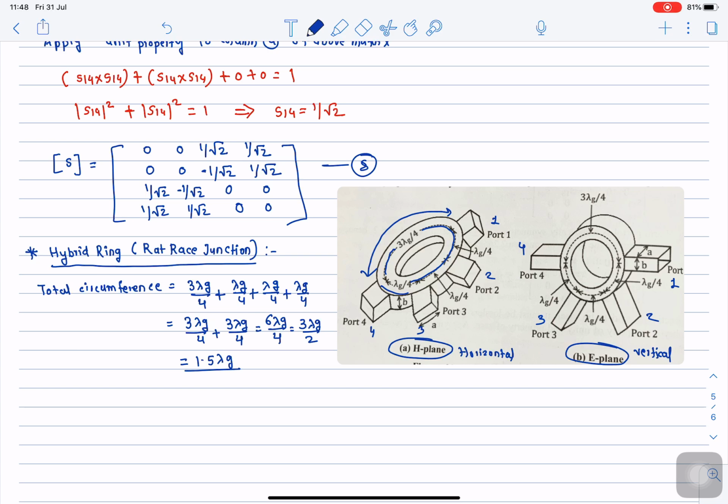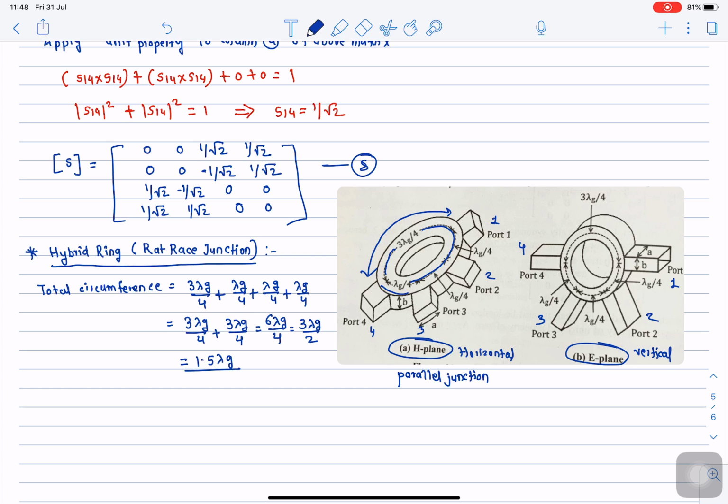So this H-plane is also known as a parallel junction, or the horizontal plane. On the other hand, when the sections of the rectangular waveguide are bent in the E-plane, we call it a perpendicular junction, which is also known as the vertical plane or E-plane junction.